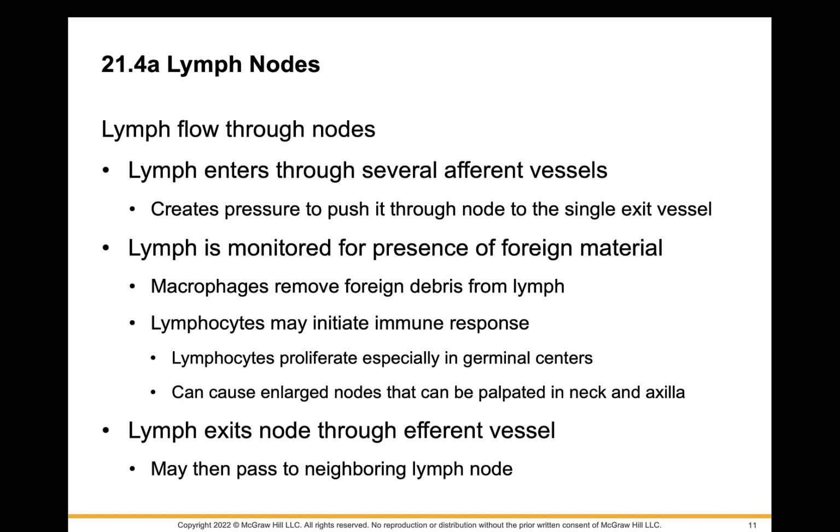So once again, it's an elaborate filtration system. The thing to remember here is that the node is filtering lymph, and it is also monitoring lymph for the presence of things that just don't belong in our body.